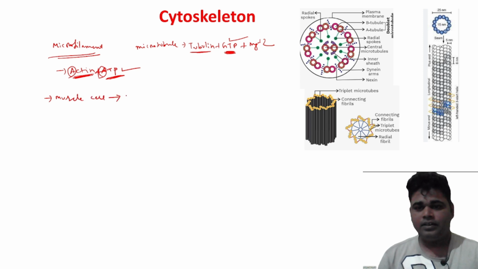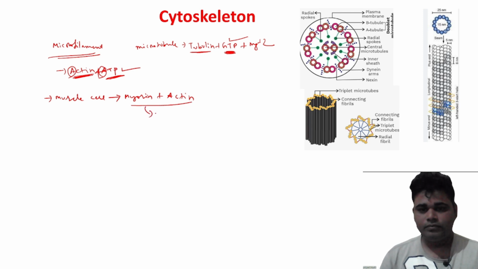Here, besides the actin, another protein, myosin, is present. So myosin along with actin forms the myofilament, and this myofilament helps in the muscle contraction or muscle movement.